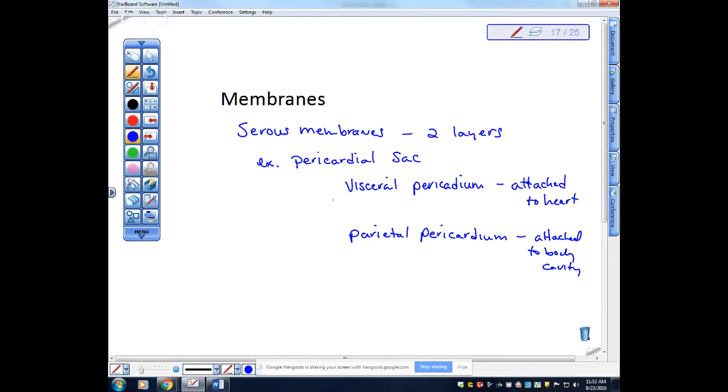Right? And so in between here is what is called serous fluid. In the case of the pericardium, peri means around, cardium means heart. This fluid allows for friction-free movement of the heart.